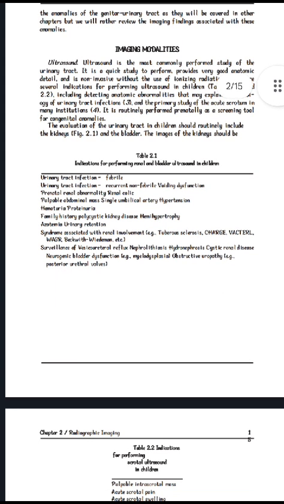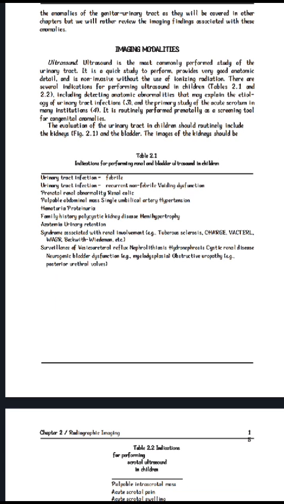The indications for performing renal and bladder ultrasound in children: urinary tract infection, febrile; urinary tract infection, recurrent non-febrile; voiding dysfunction; prenatal renal abnormality; renal colic; palpable abdominal mass; renal artery hypertension; hematuria; proteinuria.